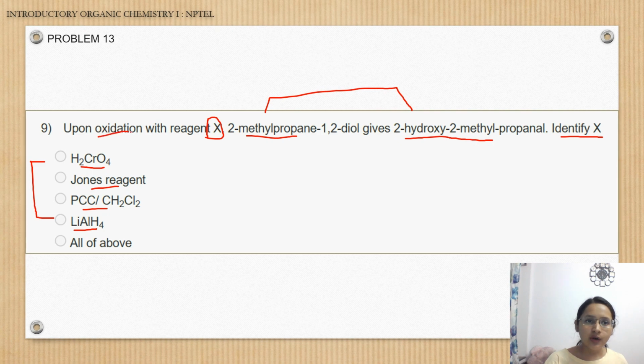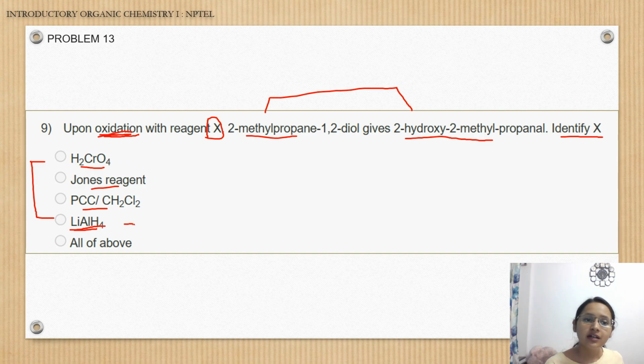So it is an oxidation. Just tell me which could not be the possible answer. See guys, here it is telling you that the oxidation is happening, but there is lithium aluminum hydride, and we have also talked about this reagent previously.